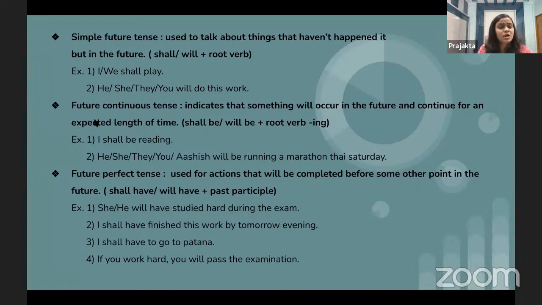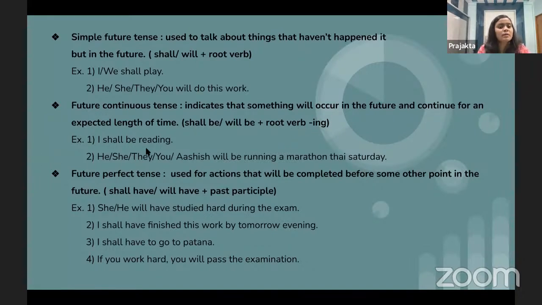See the next tense, future continuous tense indicates that something will occur in the future and continue for an expected length of time. Okay, कि फ्यूचर में एक कोई इवेंट स्टार्ट होगा एंड कुछ एक्सपेक्टेड टाइम के लिए वो चलता रहेगा. ठीक है. See the formula, shall be, will be plus root verb and ing form of the verb.